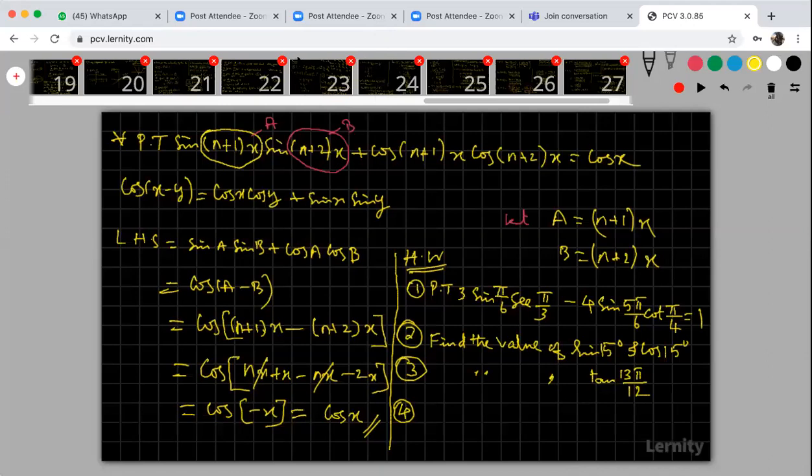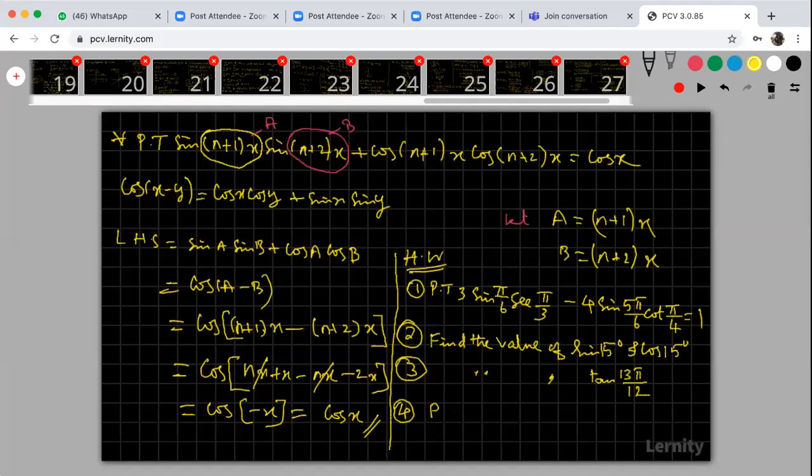Type in Google NCERT books, the website will come. Go to that website and download your books chapter wise. Third question, find the value of tan of 13 pi by 12.